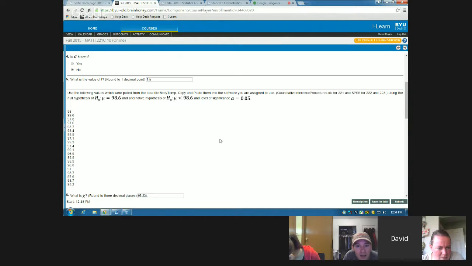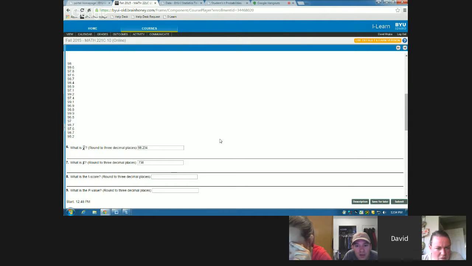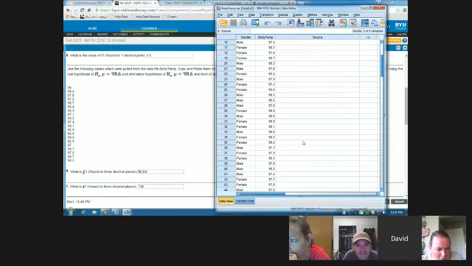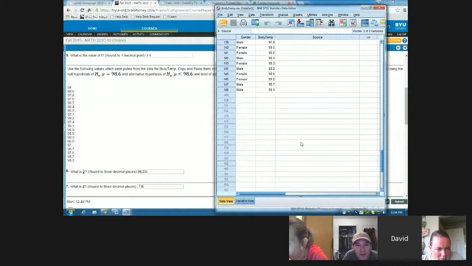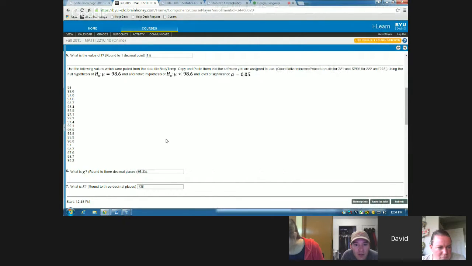Sample size. It doesn't really tell us. Oh, well, I guess these numbers, right? It's how many are in the... 20. I counted 20. Let me see if I can find it in SPSS though too. In SPSS it's 148, but these numbers that we have right here are only 20.